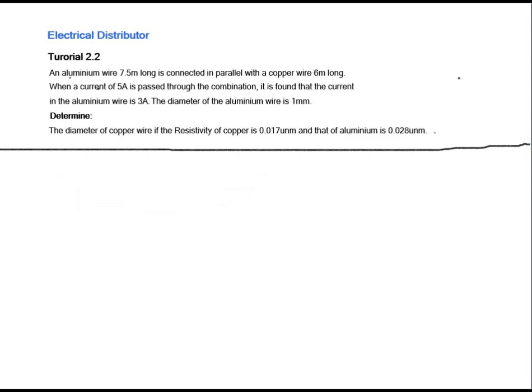Now, the important thing to note here is that when you're reading, you must visualize, because it's an electrical circuit distribution. So you need to visualize the circuit as you're reading and draw it. So we have an aluminum wire and a copper wire, which are both in parallel.